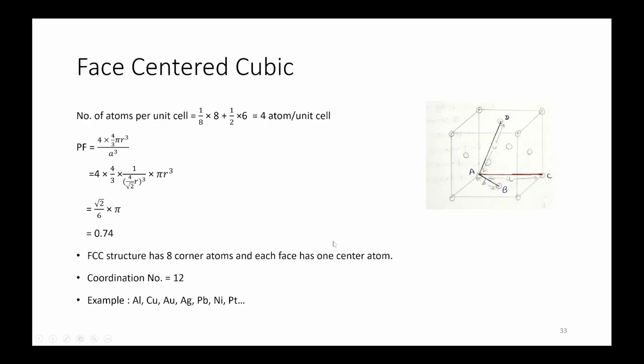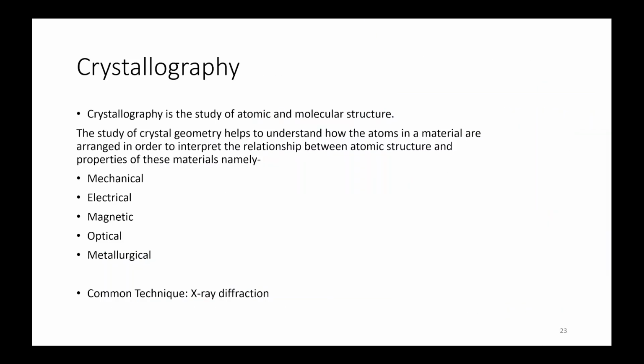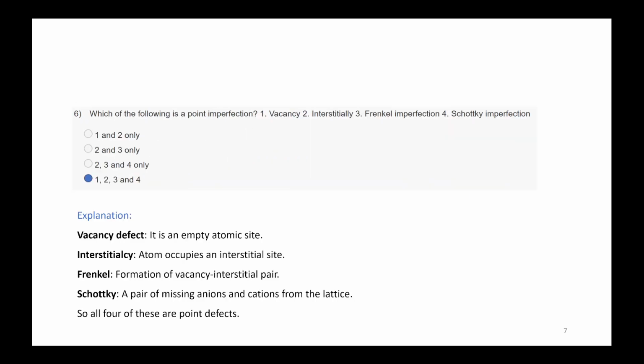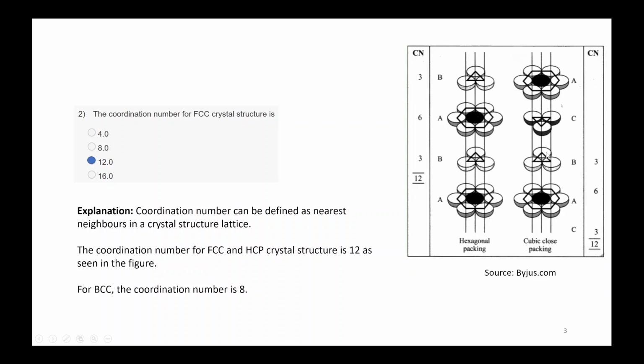So coordination number, as we saw in initial questions, for this particular atom in FCC, 6 atoms will be surrounding it in one plane, and the top and bottom planes will have 3 extra atoms. So it will have 12 coordination number, and similarly HCP will also have 12 coordination number.